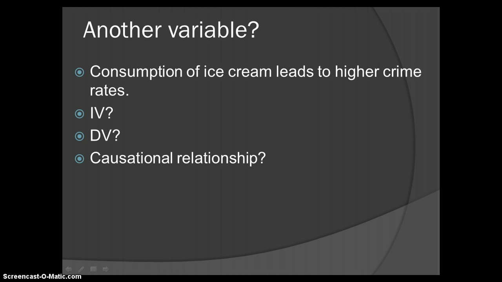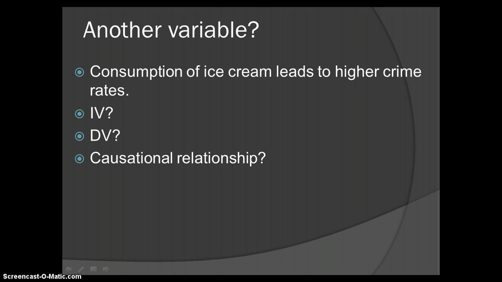In thinking about causality, a causal relationship, it's always important to consider additional variables. So consider the following statement. Consumption of ice cream leads to higher crime rates. Your independent variable is the consumption of ice cream, and the dependent variable is the rate of crime.